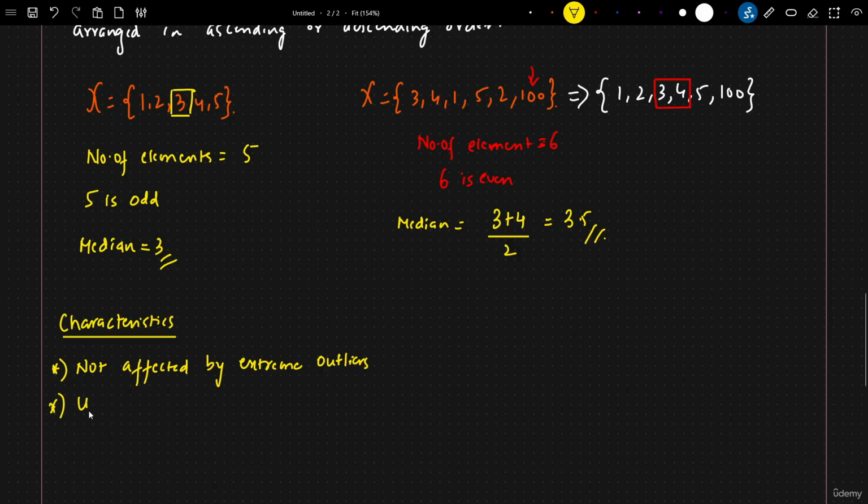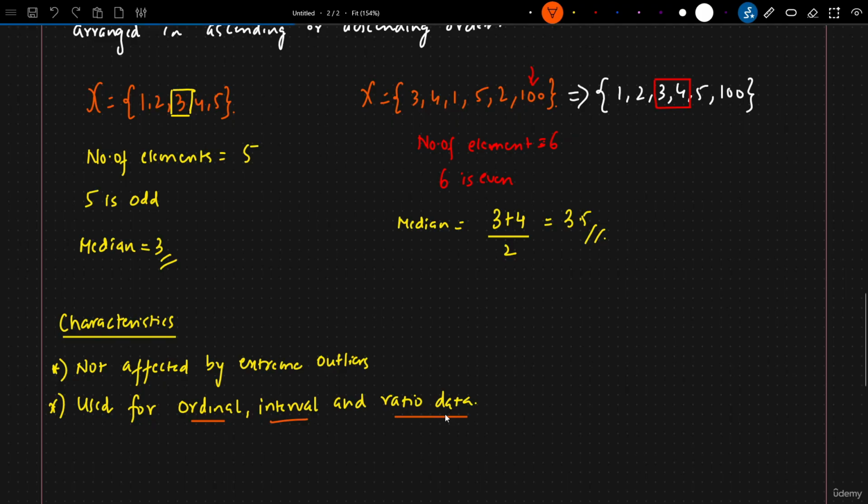The other one is that this is used specifically for ordinal, interval, and ratio data, right? So this kind of technique of finding the central tendency is used for ordinal, interval, and ratio data. Not for the first one, which is nominal, because that is completely categorical, or you can also say it is qualitative.